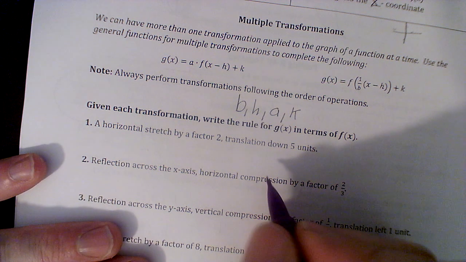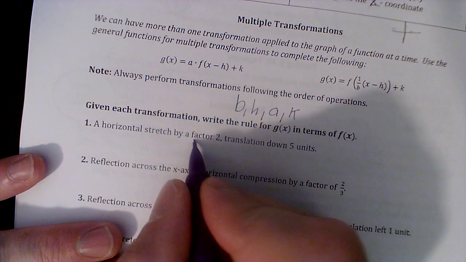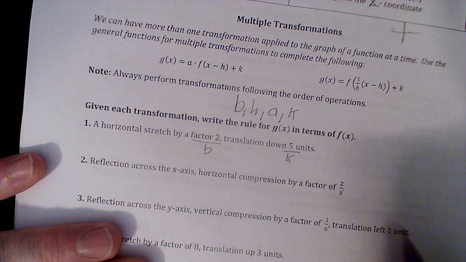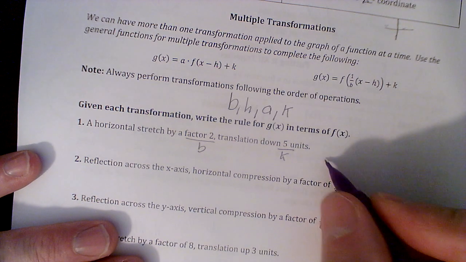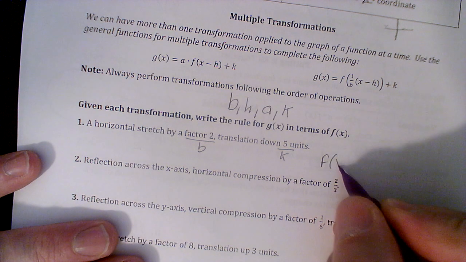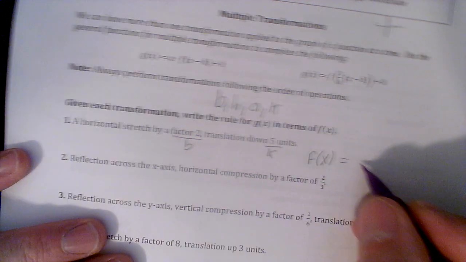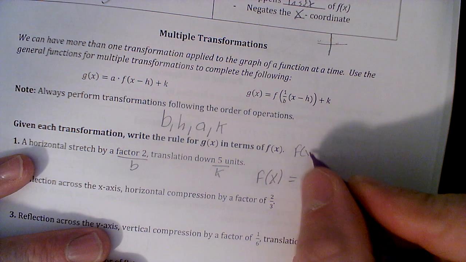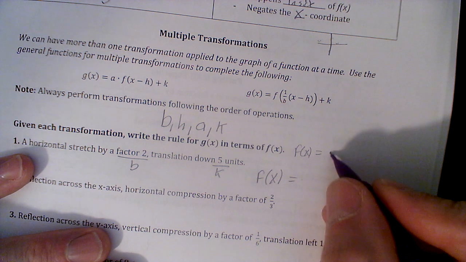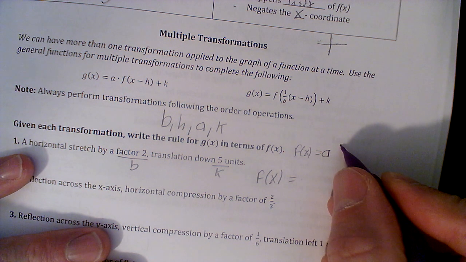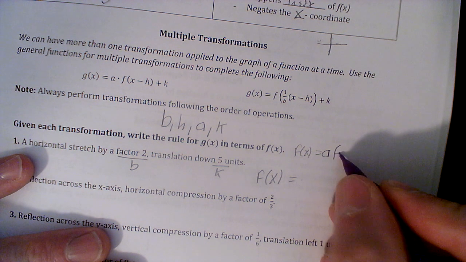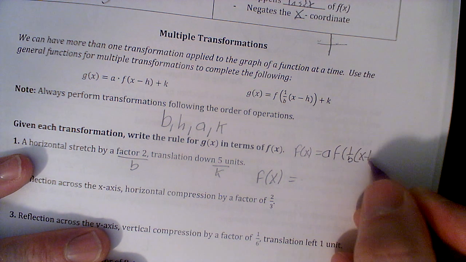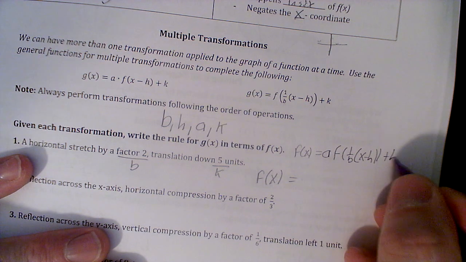And here we go. Horizontal stretch is going to be my B value. Translate down is going to be my K value. So I have a B value of 2, so my function would look like this. F of x would equal, my A comes first, right? Let's write it right here. f of x equals a, and then I have inside the function 1 over b times x minus h, plus k.